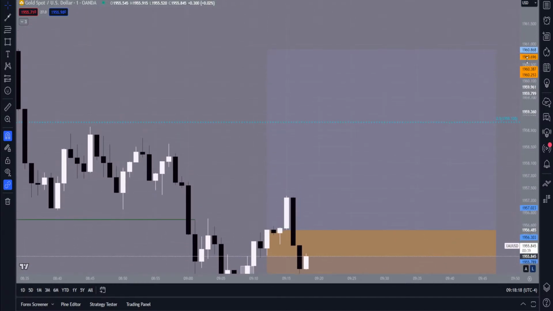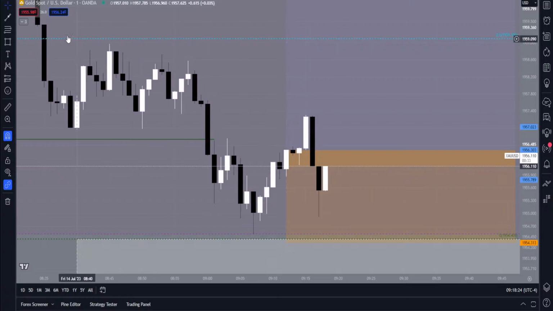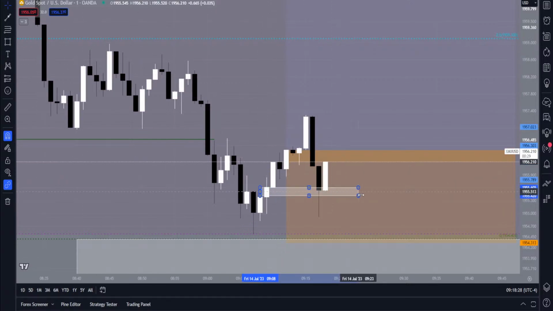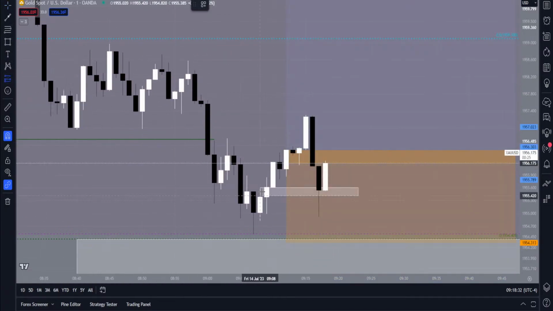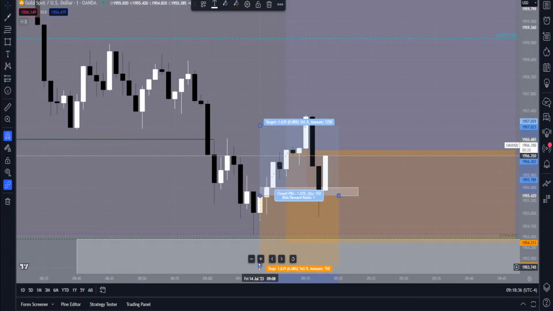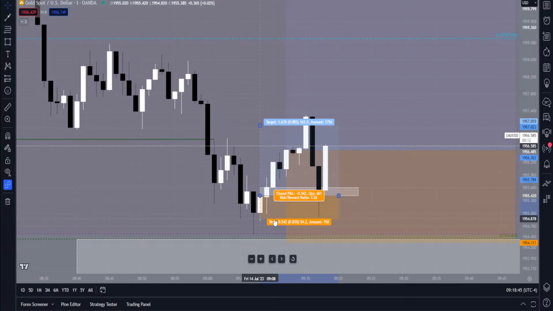So let me just zoom in and assume you took, oh, not sure why that happened, but okay, so it tested this imbalance right here. Your stop loss is a pip below that, so this one here was kind of small, so if you took it off the low, you put it a pip below the low, which is 4.3, so the stop loss is like 5.3.